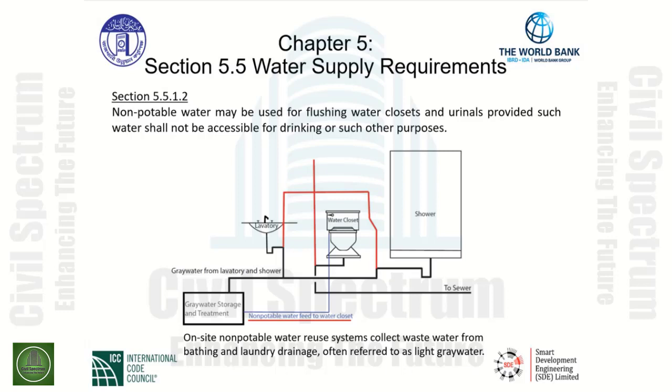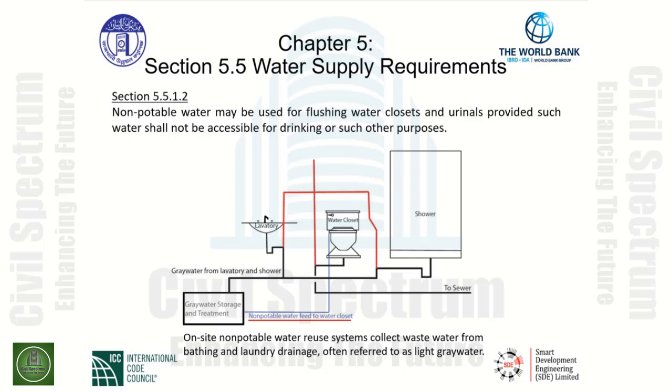Normally we would have a pumping system to pressurize the non-potable water feeding to the water closets. So we can reuse the water that has already been used at the lavatory and term that as gray water and pump it through after it's been treated to a non-potable piping system.